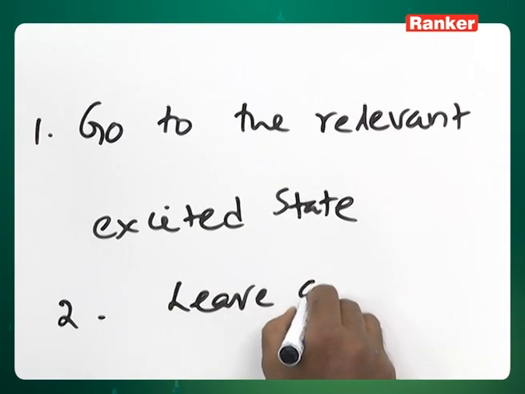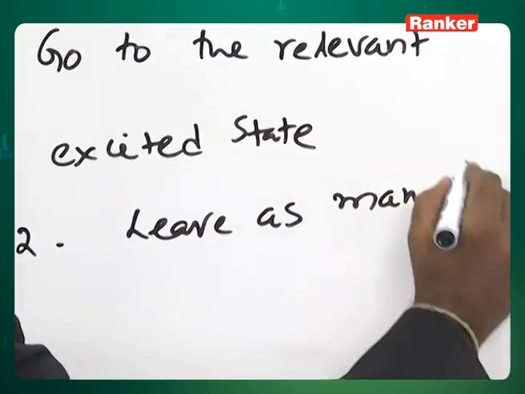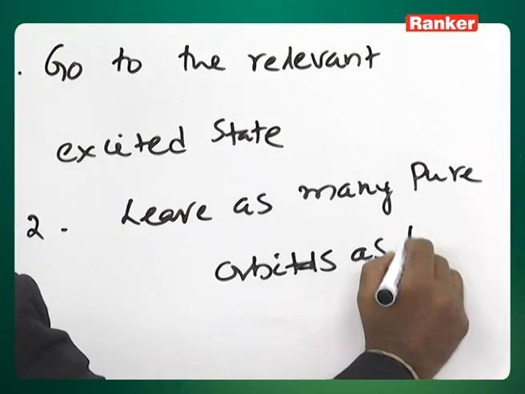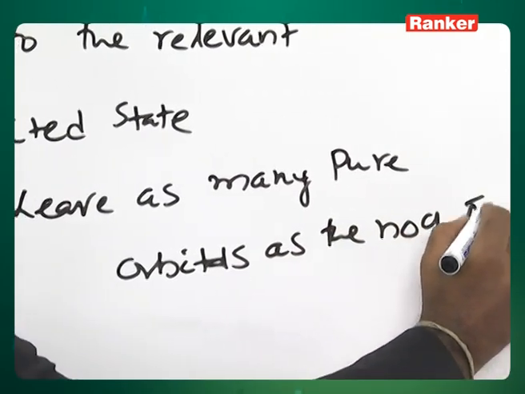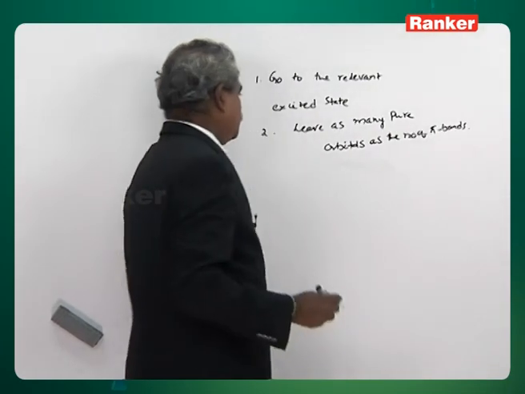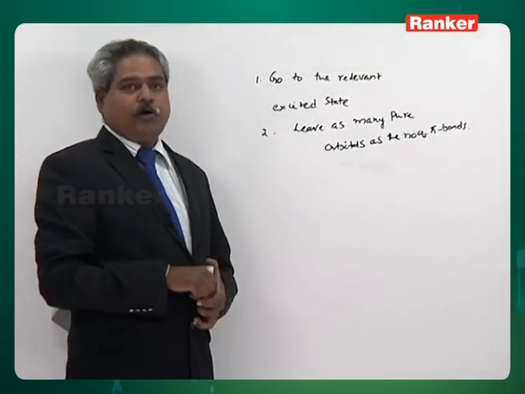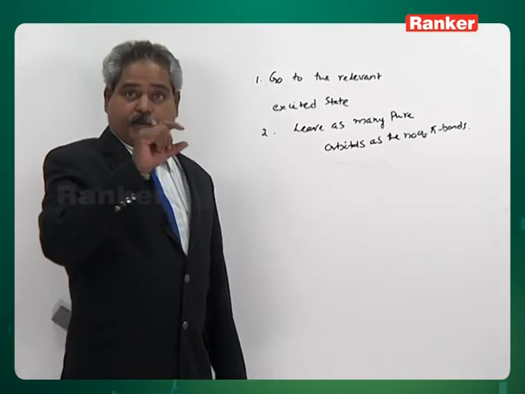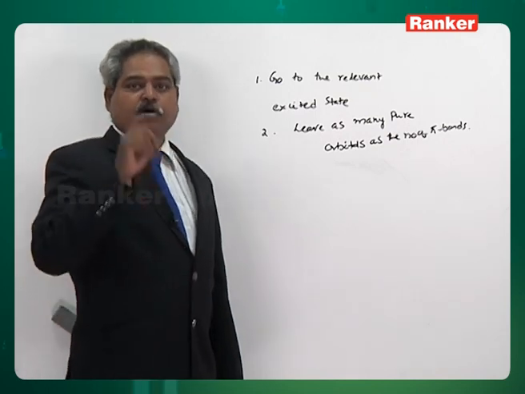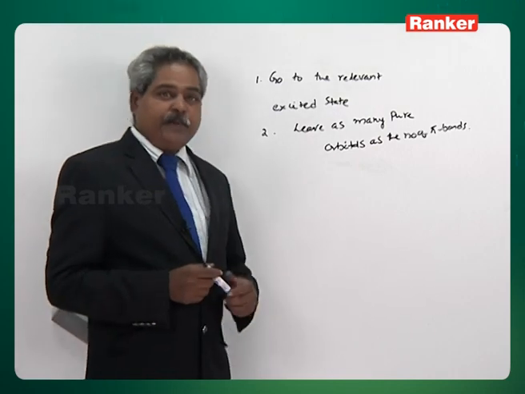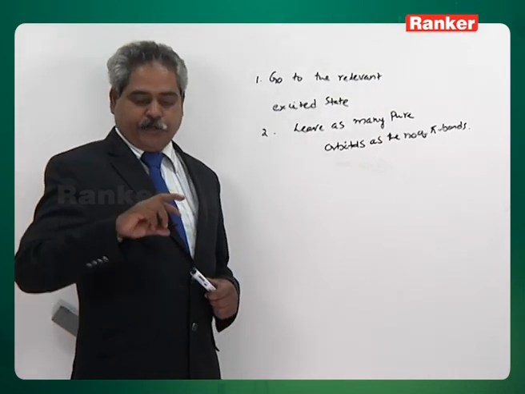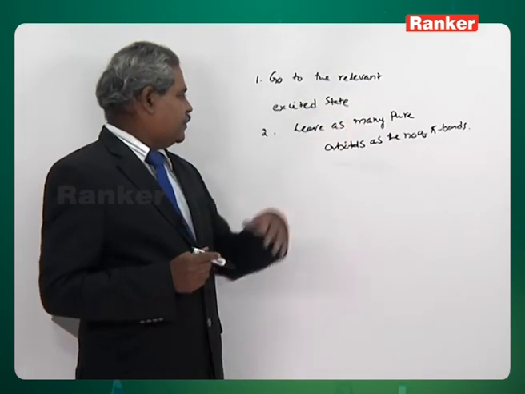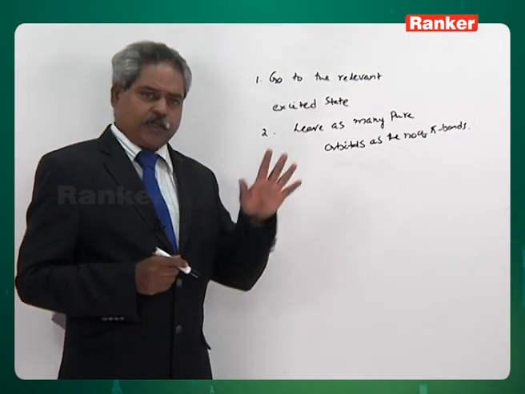Leave as many pure orbitals as the number of pi bonds. Pure orbitals in the sense, an s orbital is a pure orbital, a p orbital is a pure orbital, a d orbital is a pure orbital. But sp is a mixed, hybrid orbital, sp, sp2. Where two letters are there, it is hybrid. Only one letter, pure. Leave as many pure orbitals as the number of pi bonds. Mix all others.